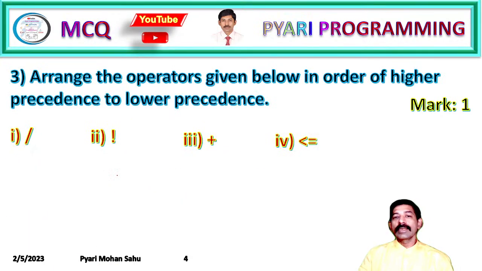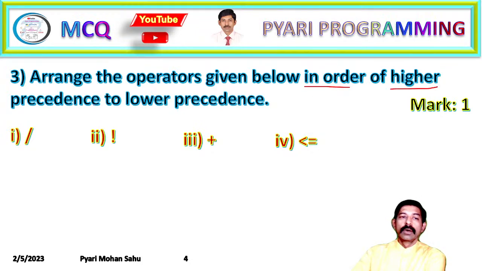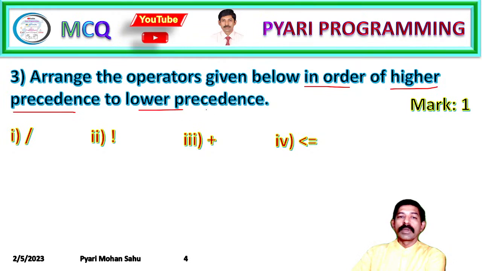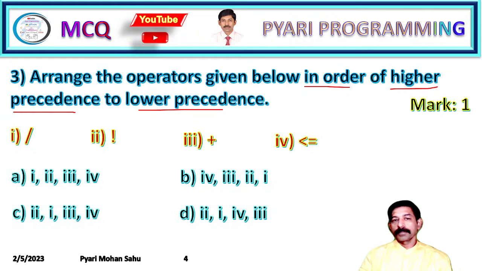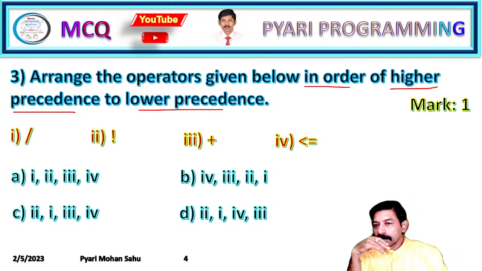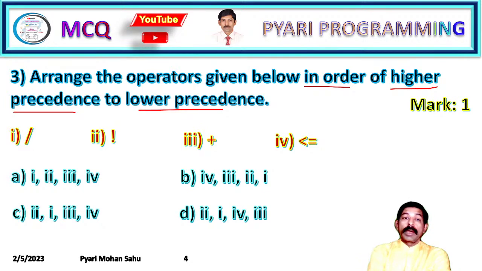Next question. Arrange the operators given below in the order of higher. How is it asking for ordering? Higher precedence to lower precedence. You have to go from higher to lower. Now these are the options; we will move from higher to lower. Now higher to lower means the operator which is having higher precedence will be at the beginning, and the operator which is having lowest precedence will be at the end.